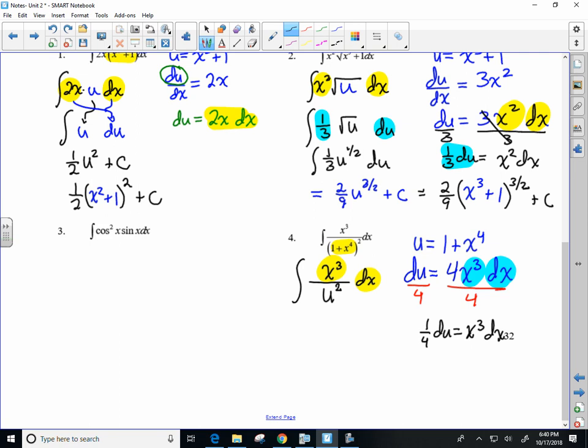All right, so now I have a direct relationship. The x cubed dx is in my differential work on the right hand side. It's also in my integral, so I can do an even swap. So working around the 1 over u squared, I'm going to swap out the x cubed dx for a 1/4 du.